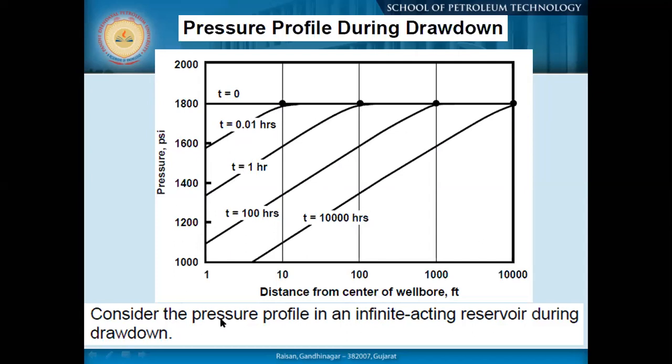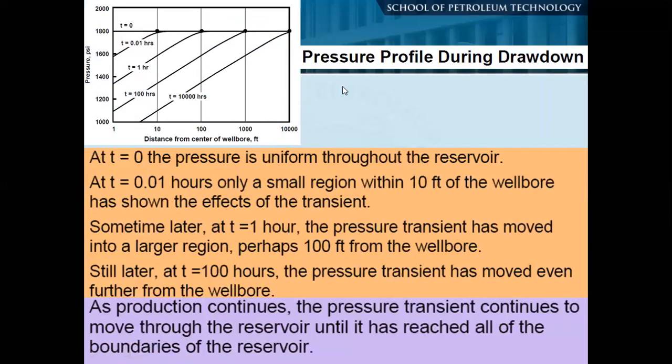Okay, so consider the pressure profile in an infinite reservoir during drawdown. See, at T0 the pressure is uniform throughout the reservoir. At 0.1 hour, only a small region within 10 feet of the wellbore is affected and has shown the effect of the transient.